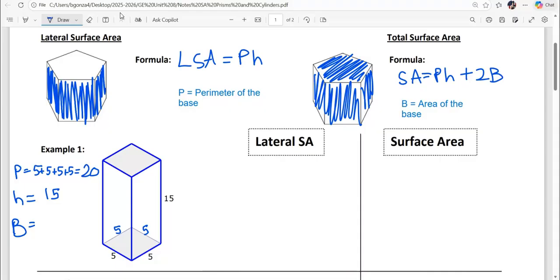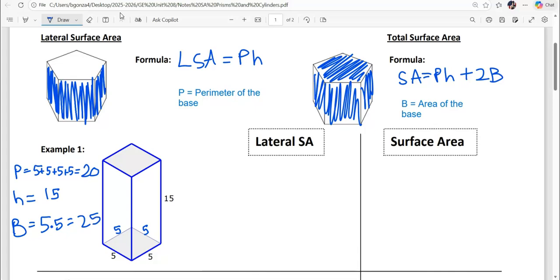Does everyone remember, for a square, you just multiply the two dimensions. 5 times 5. If you didn't know that, where would you look? Here's a square. Side squared. 5 squared. So again, use your orange sheet. It's not just there for decoration. So 5 times 5, or 5 squared, is 25.